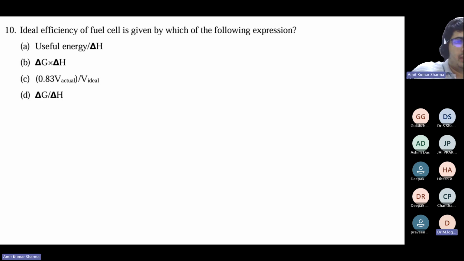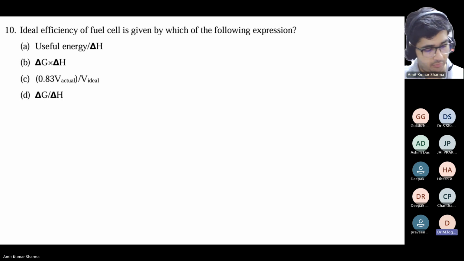What is the delta H and delta G? Gibbs energy, delta G, and enthalpy.